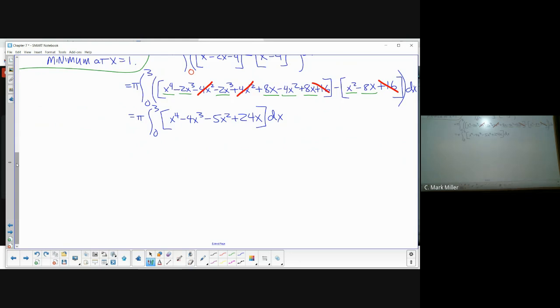Time to integrate. And this time I'm going to bring it all the way over here. Pi, integrate. X to the 5th over 5, bracket. Minus 4x cubed will be x to the 4th over 4, so that's just a minus x to the 4th.